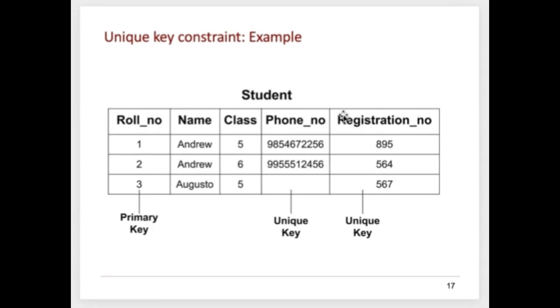So we declare it a unique key so that when we are inserting data, the database will automatically check that it is unique. When I enter a new record with the same registration number, it will check: does this exist before? If it does, it will give me an error. So a unique key means I cannot repeat that data.